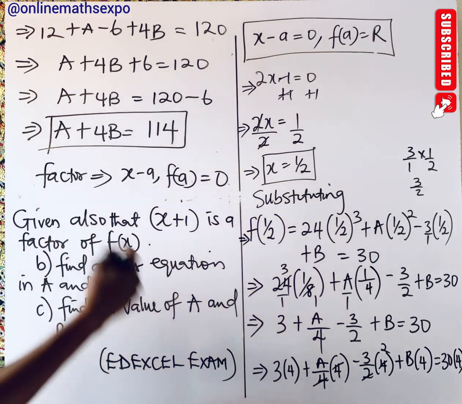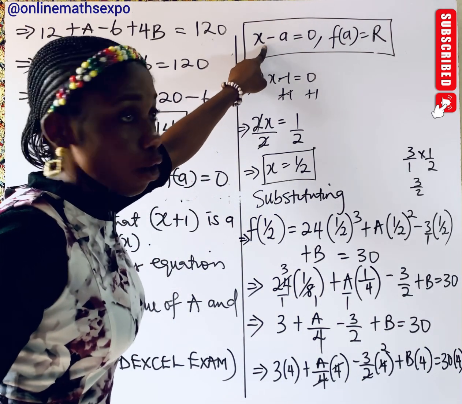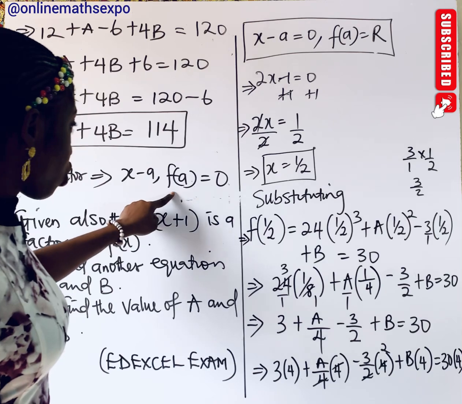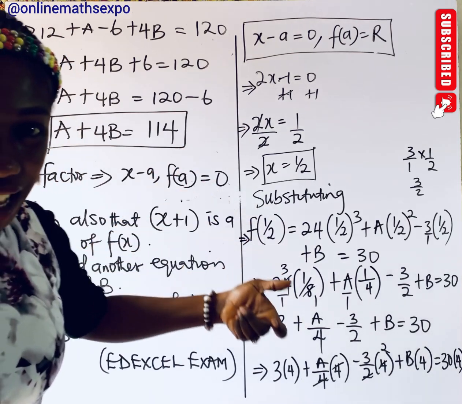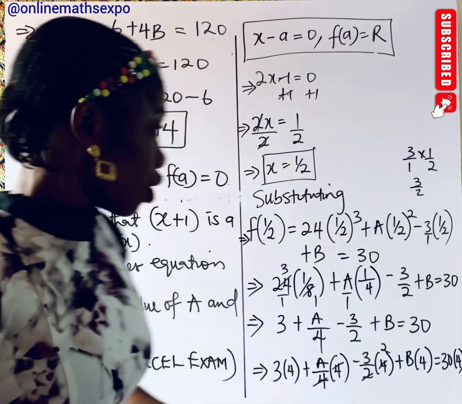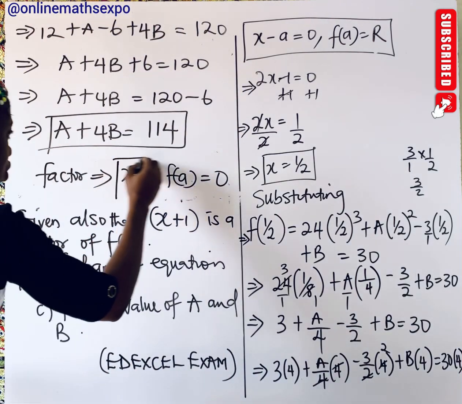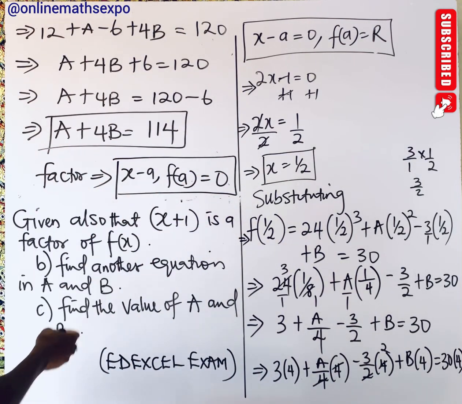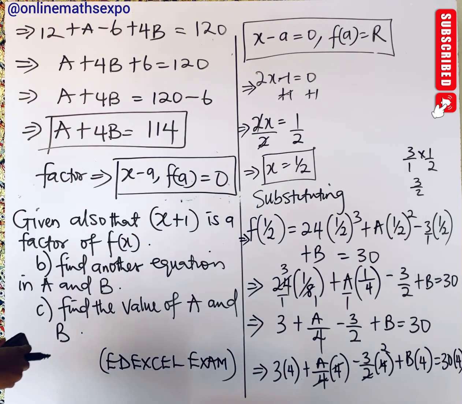That means when you substitute the 0 of the divisor into the function, there will be no remainder. That is just the difference between factor and remainder theorem. So for the factor theorem, when you substitute, there is no remainder, so everything should be equal to 0.